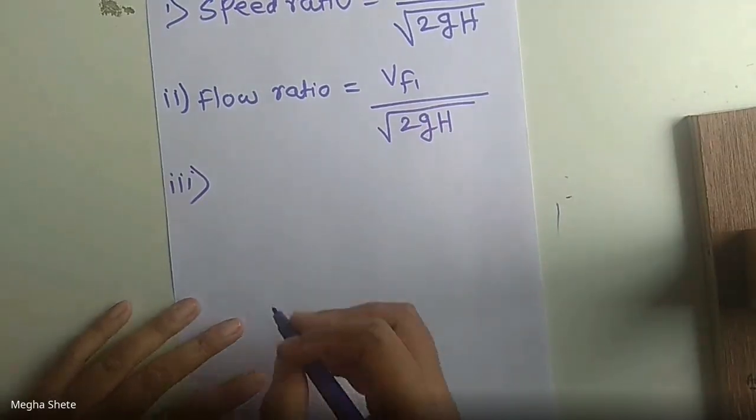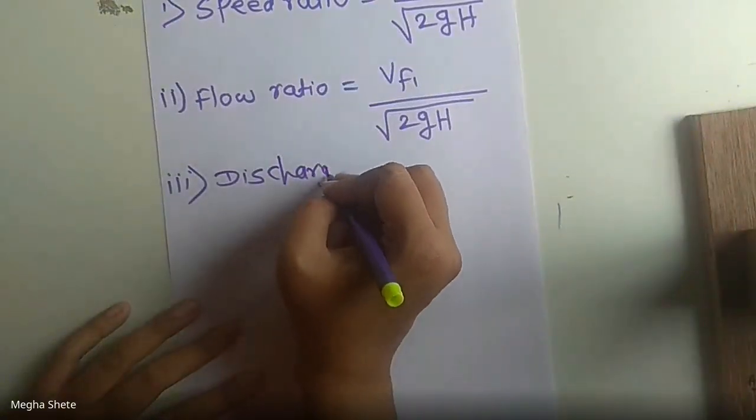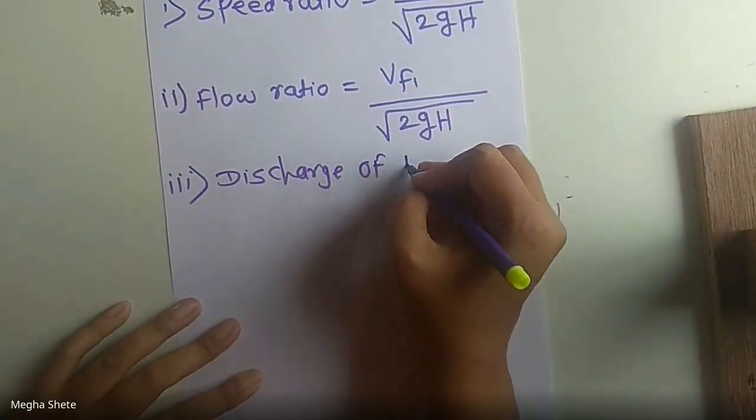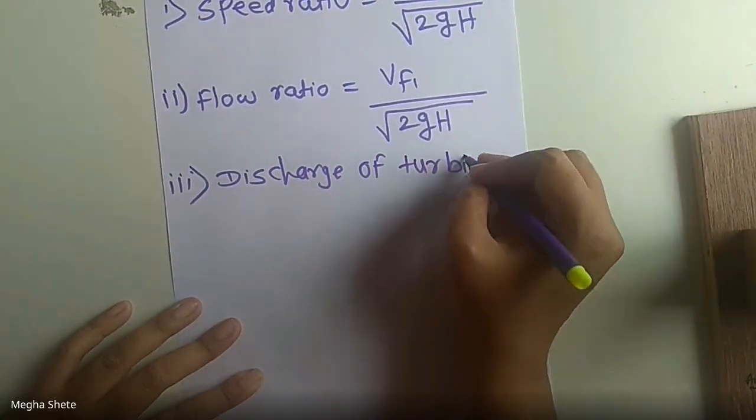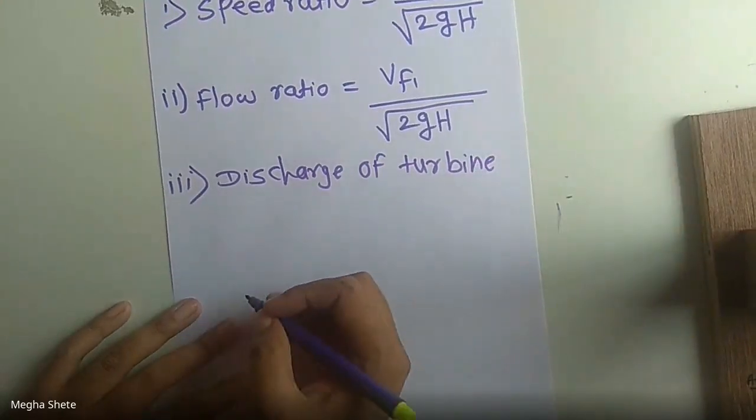Third formula is discharge of the turbine.